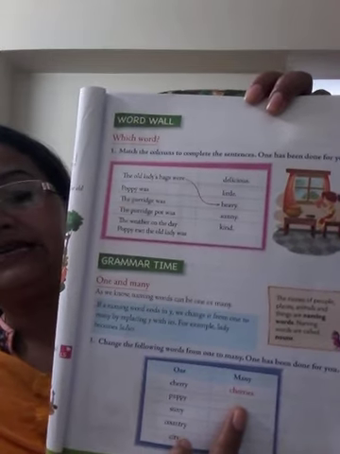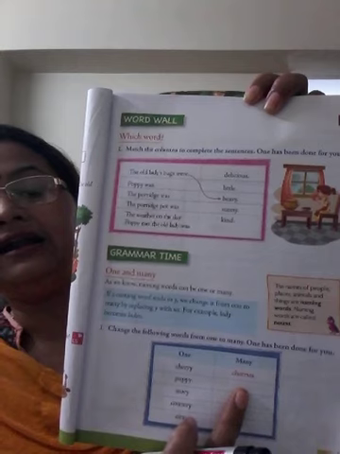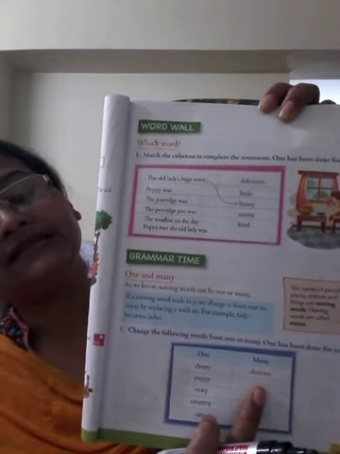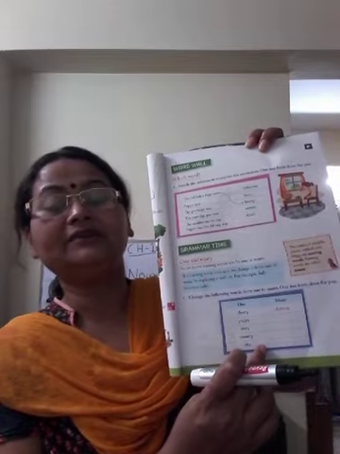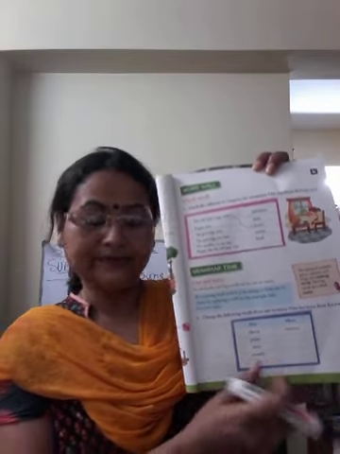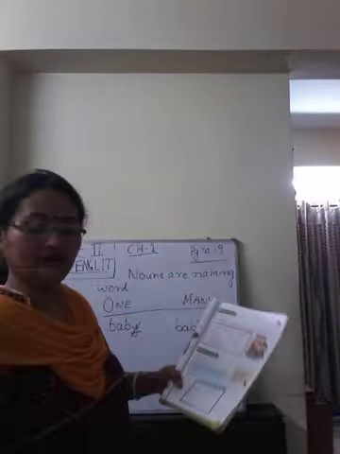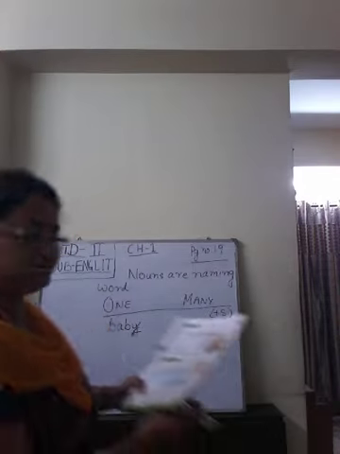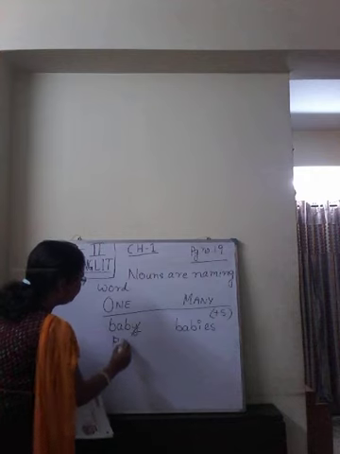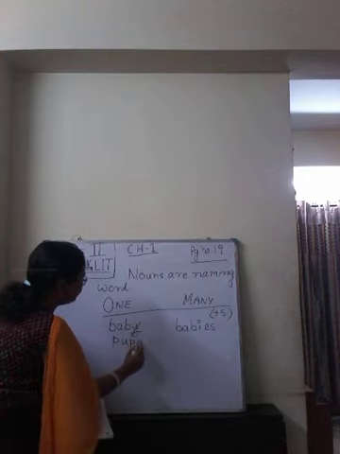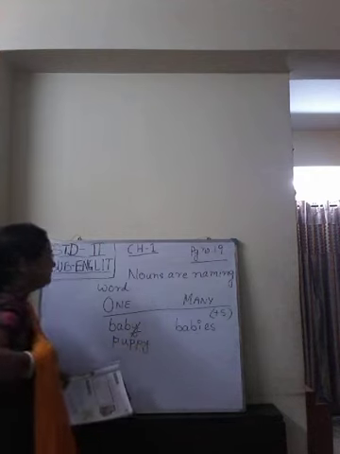Cherries. Same formula we will follow with the rest of the words here. Okay, now see the next word given here is puppy, P-U-P-P-Y, puppy.